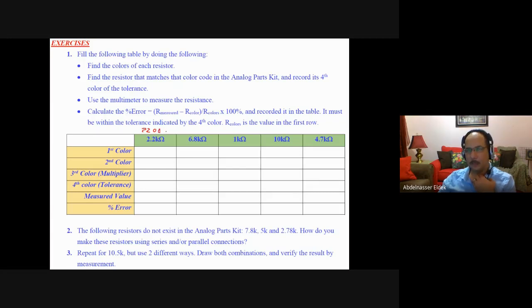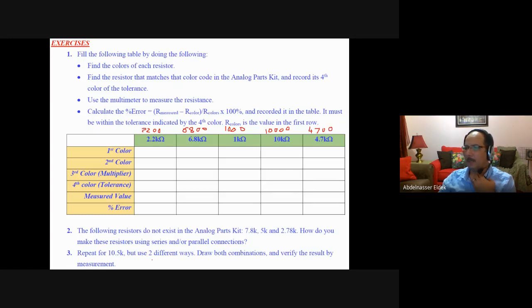Right? This is a 2.2 kilo ohm. 6.8 is 6, 8, 0, 0. And this one is 1, 0, 0, 0. And 10K is 10, 0, 0, 0. And 4.7 is 4, 7, and 2 zeros.